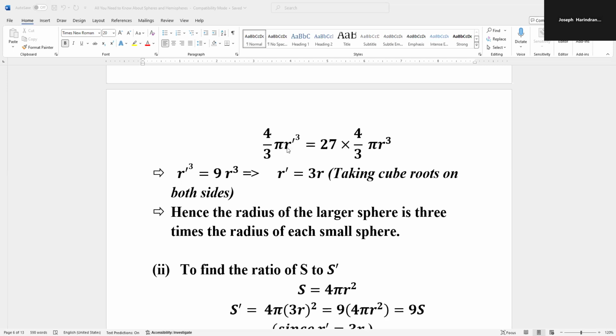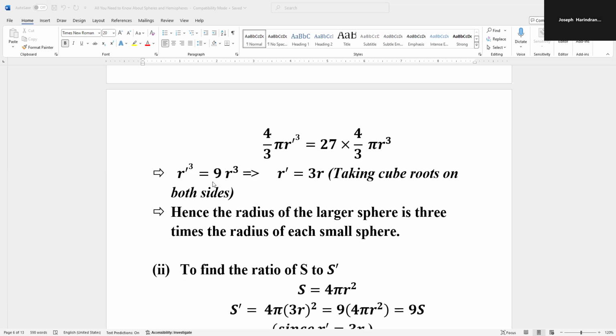We are left with r dash cubed is equal to 27 r cubed. So r dash cubed should be equal to 3r the whole cubed.